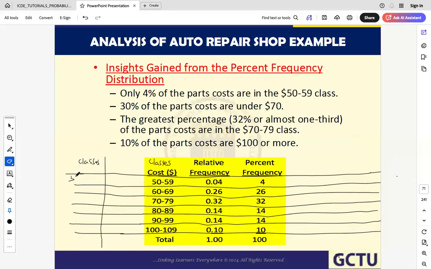So we have 50 to 59, 60 to 69, 70 to 79, 80 to 89, 90 to 99, and then 100 to 109. So let me collapse this one. I don't need this one any longer. Okay, good. Then we have our tally.